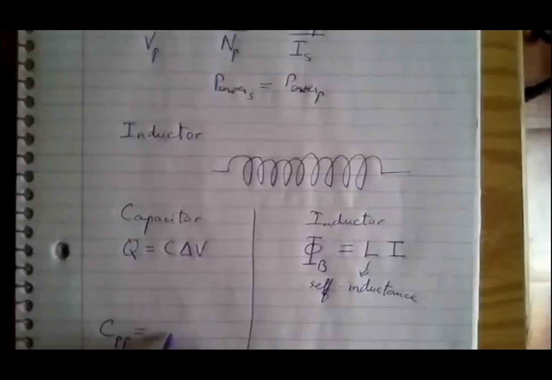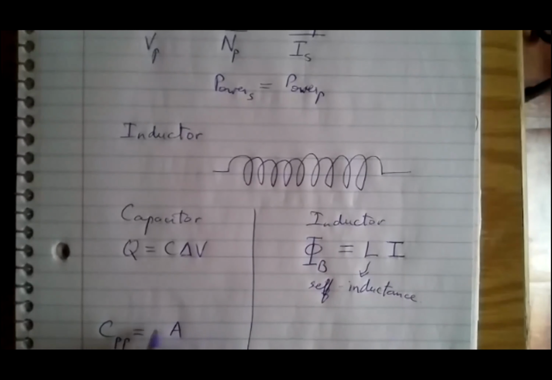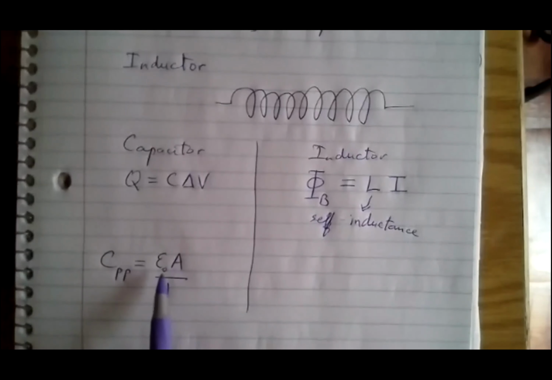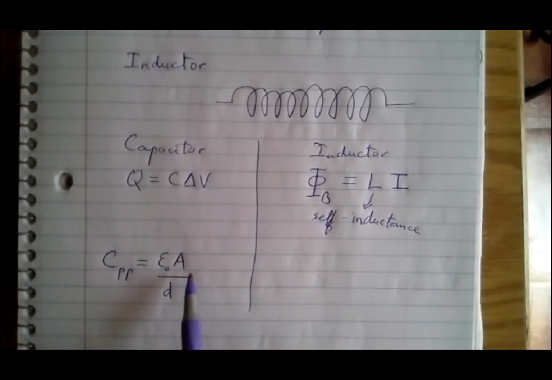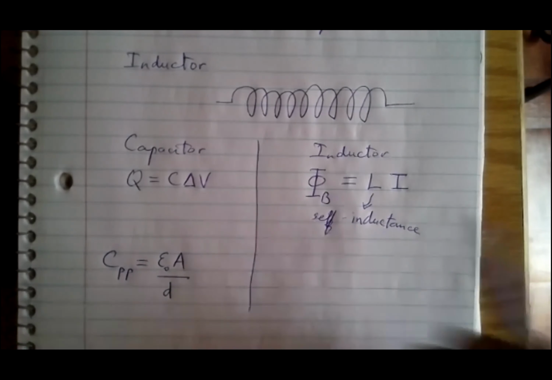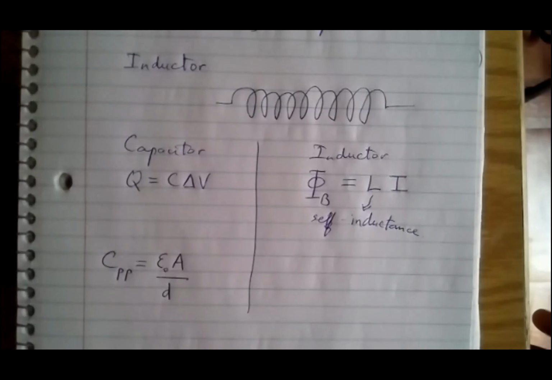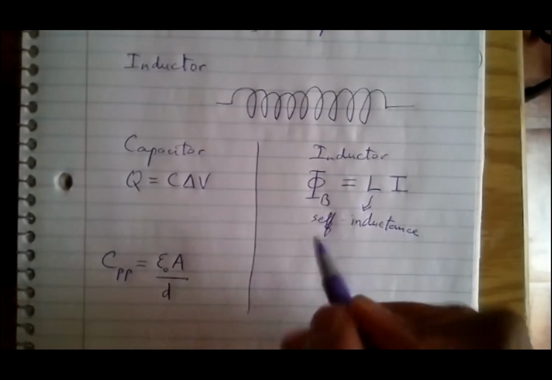For a parallel plate capacitor, we showed it was epsilon naught A over D. So it was purely geometric. It depended only on the area of the plates, the distance between them, and epsilon naught, a kind of universal constant. The same idea applies here.